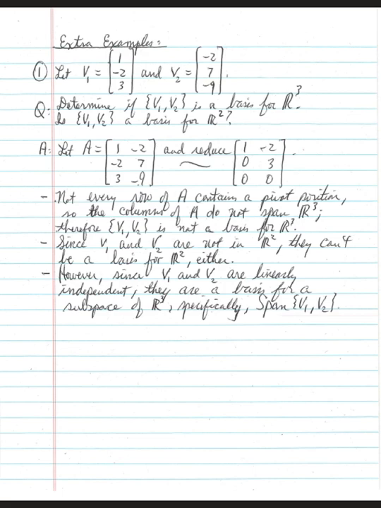And then the third comment, since V1 and V2 are linearly independent, and that is due to column pivots, both columns have a pivot, they are a basis for a subspace of R3, specifically the span of the two vectors.